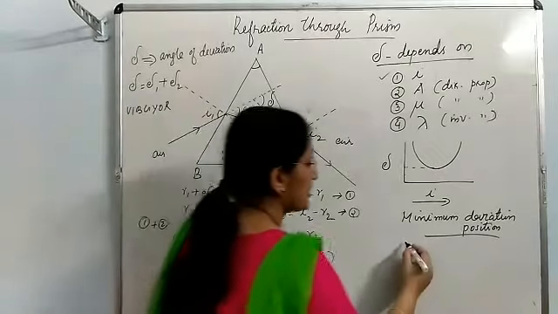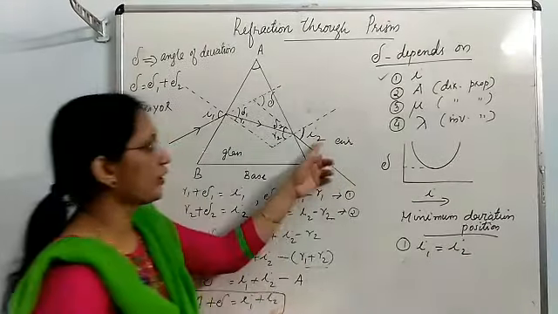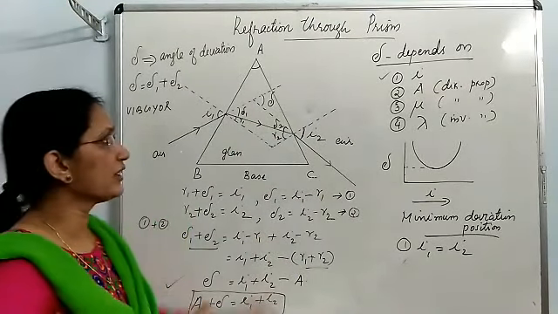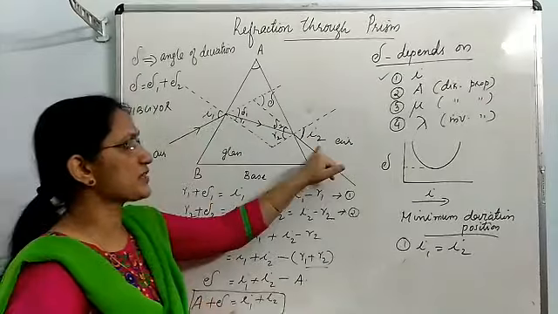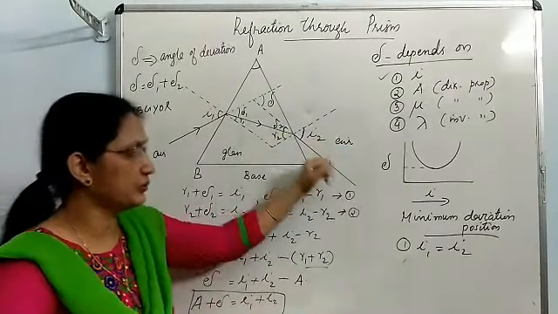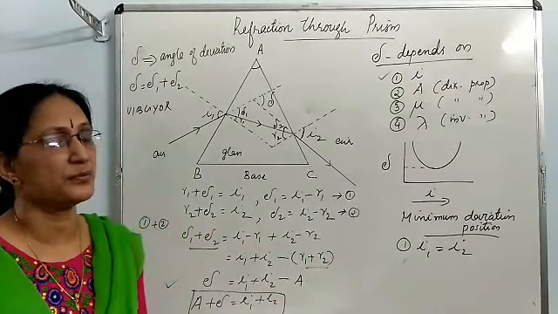In minimum deviation position, the angle of incidence will be equal to the angle of emergence. That is the only case with a prism where the angle of incidence becomes equal to the angle of emergence. I1 and I2 will be equal only in minimum deviation position.